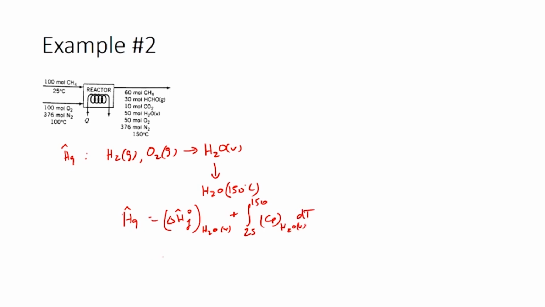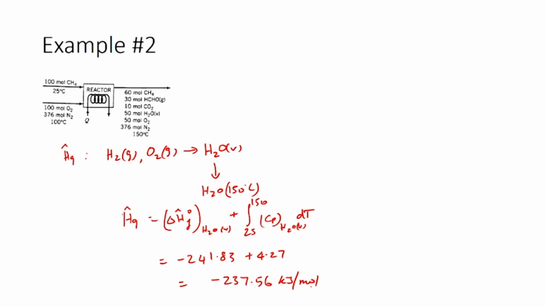Now H9 cap would be equal to minus 241.83 plus 4.27, which would be equal to minus 237.56 kilojoules per mole.